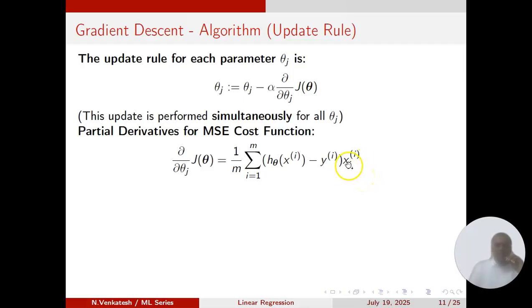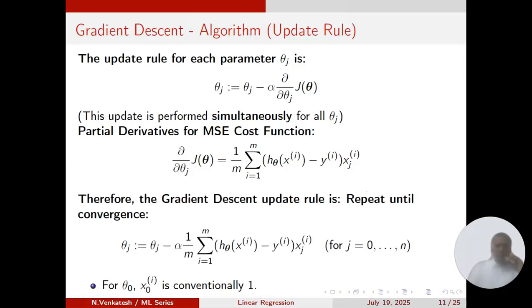That xj of i is 1 for j equals 0. So this is the equation: theta j is theta j minus alpha into 1 by m, sigma i equals 1 to m, the predicted value minus the actual value.